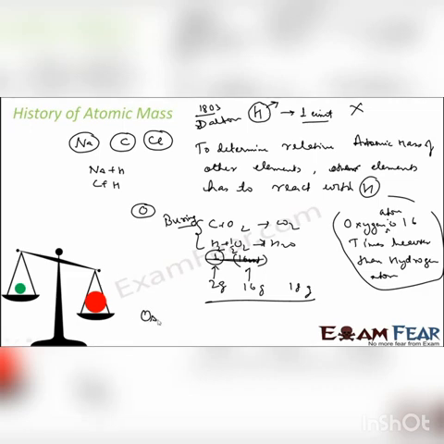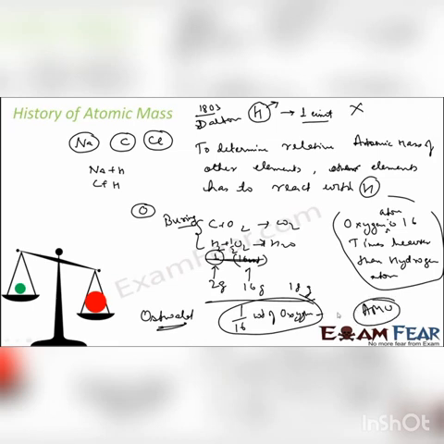So Ostwald, also a very popular scientist, recommended 1/16 weight of oxygen to be considered as the standard unit of atomic weight, and he called that the atomic mass unit, AMU. So this 1/16 weight of oxygen became the reference, and all other atomic masses were formed.